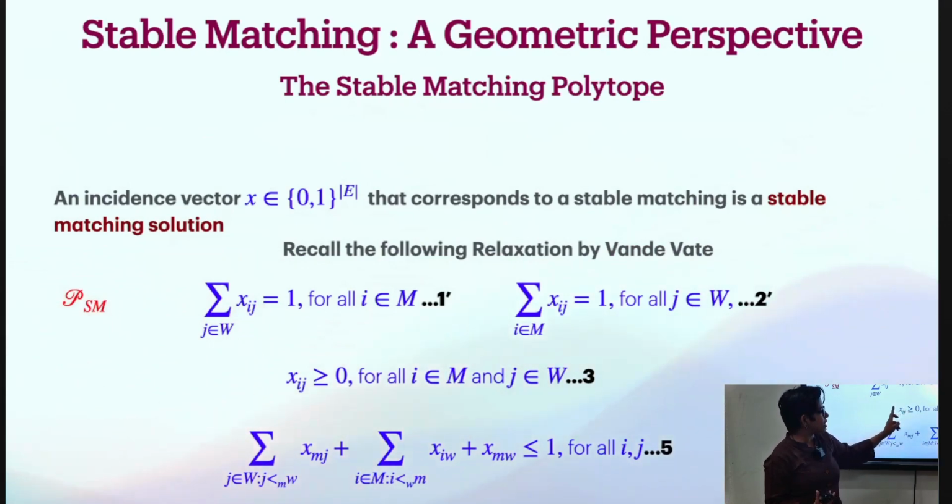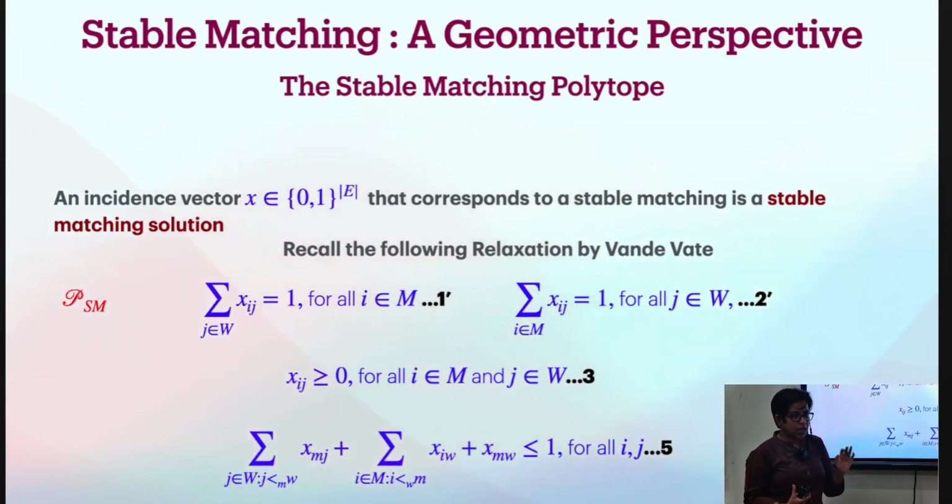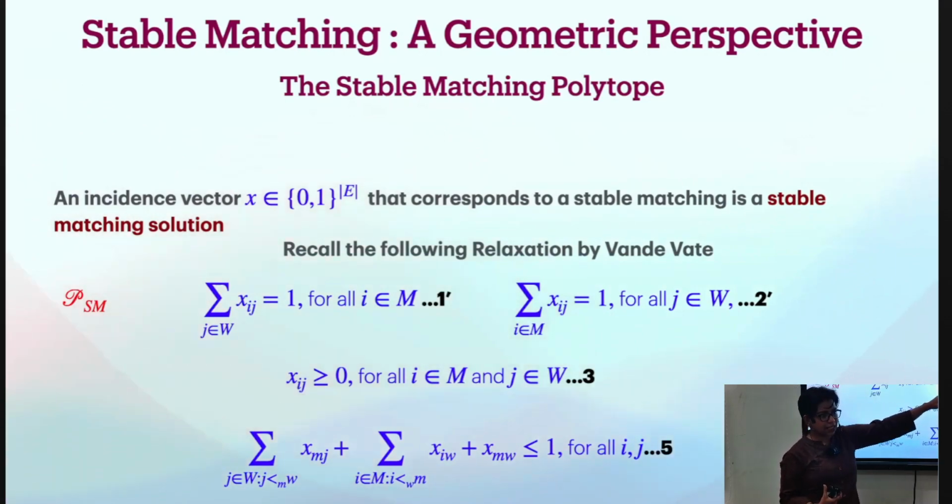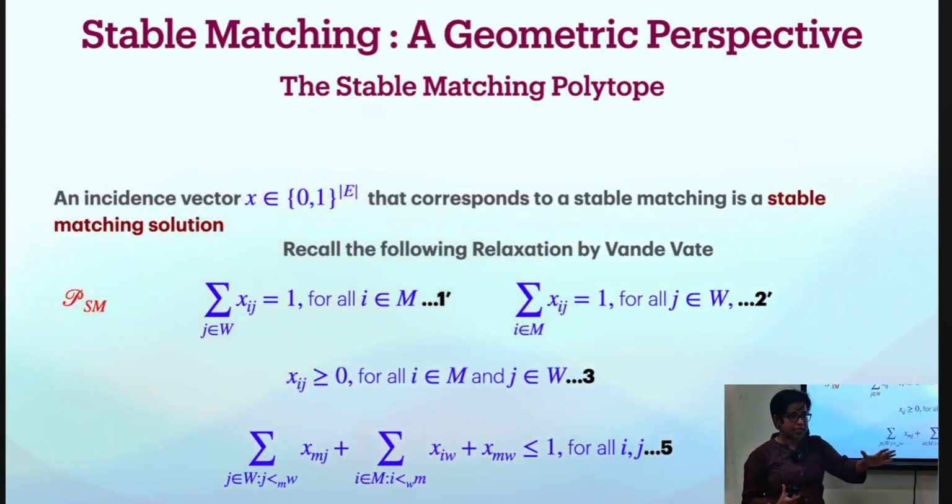Now, notice I did not write at most 1, because this automatically takes care of it. No variable will be assigned more than 1 because of this constraint. So, that is why it is a relaxation. I fractionalize the constraint and allow the integers to take fractional values.